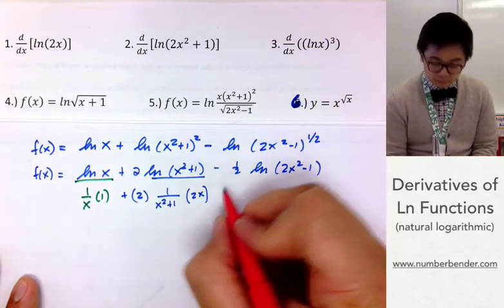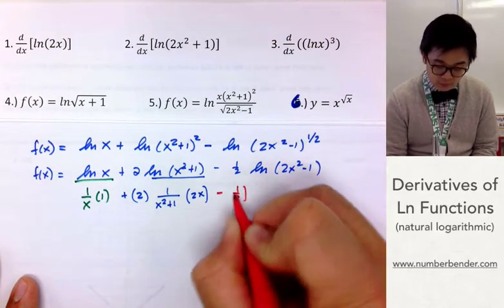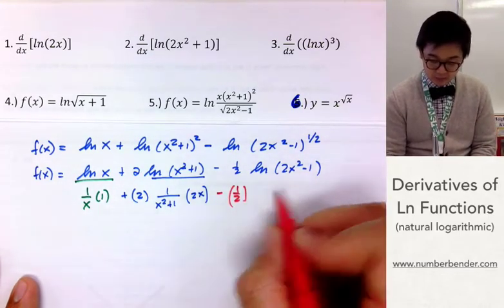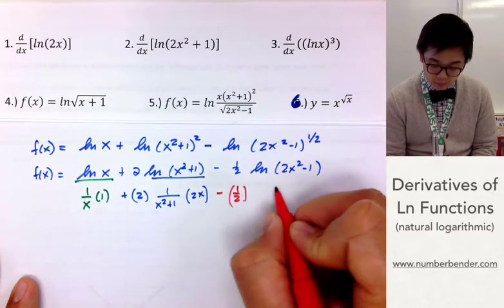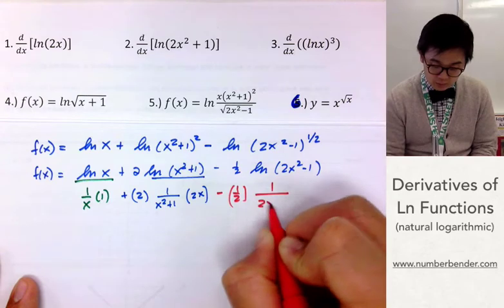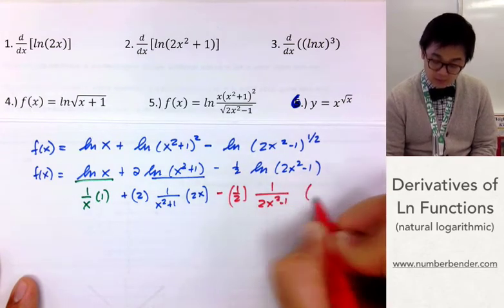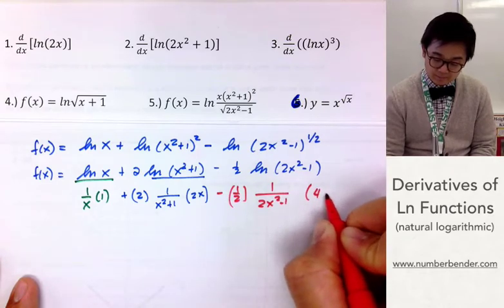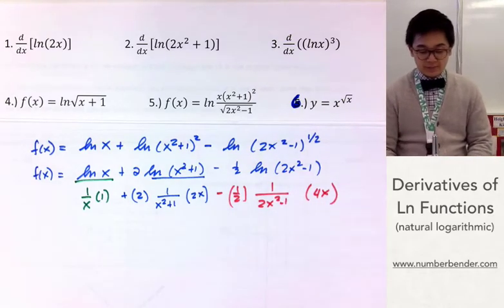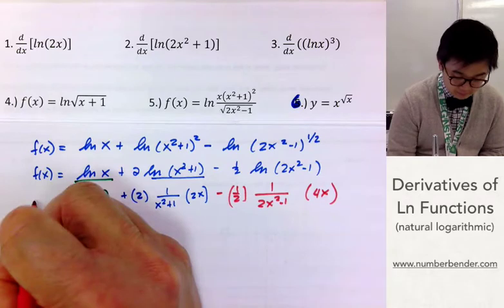The third term has a 1/2, so we put that aside and take the derivative of ln of 2x squared minus 1. So we have 1 over 2x squared minus 1 times the derivative of 2x squared minus 1, which is 4x. So now we have f prime of x.